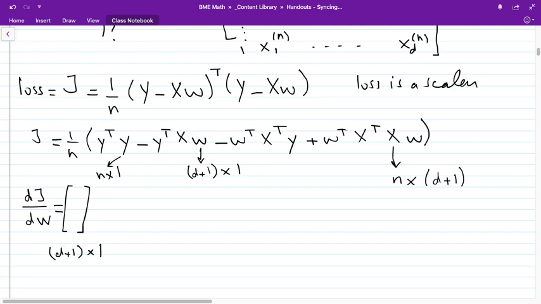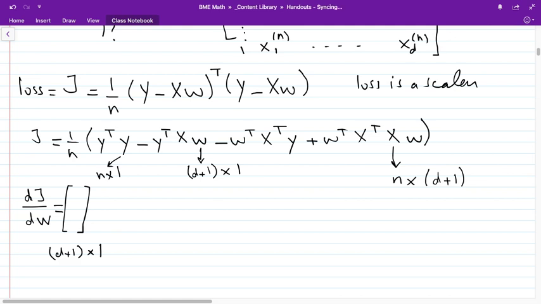So what are we doing? We have an equation. If you multiply all these out, you're going to get some equation that has elements in there that are w's, and elements where w is squared, w transpose w. So it's just some big long equation.